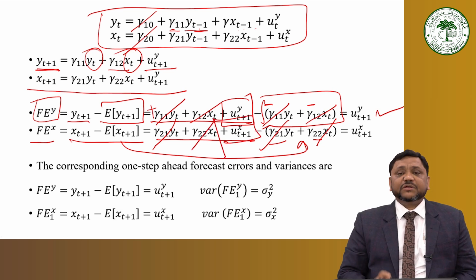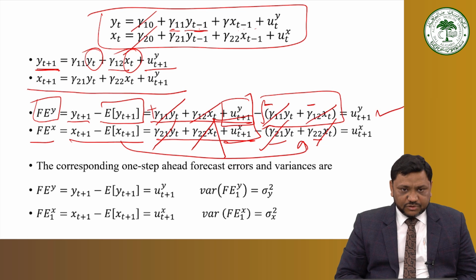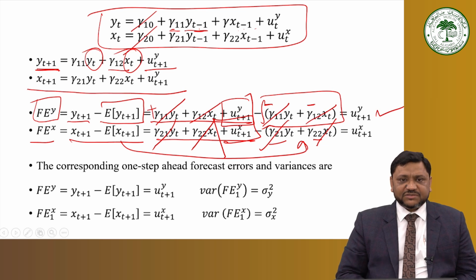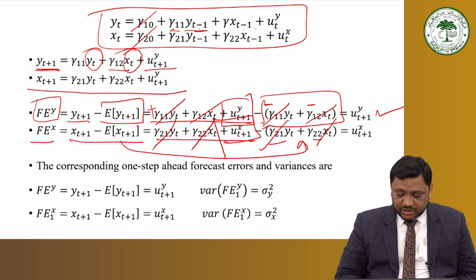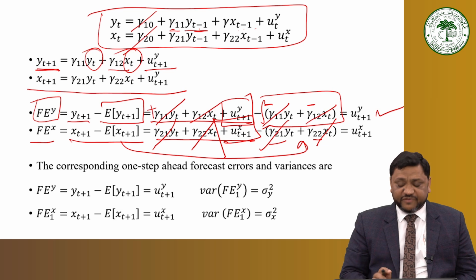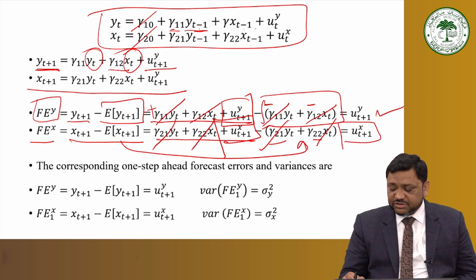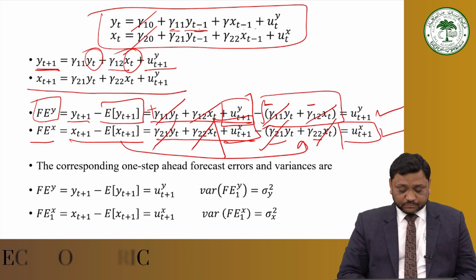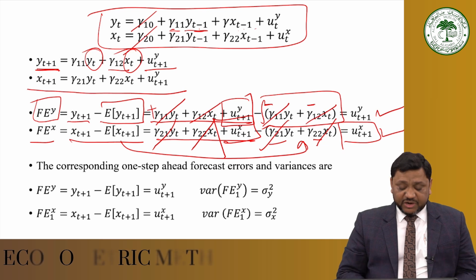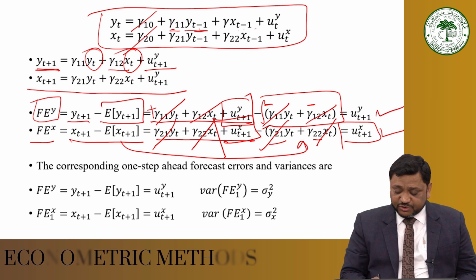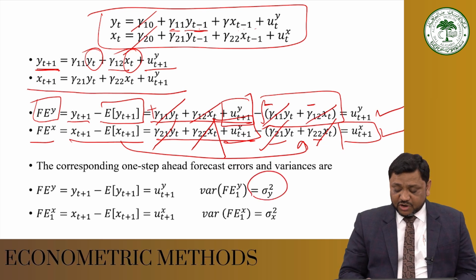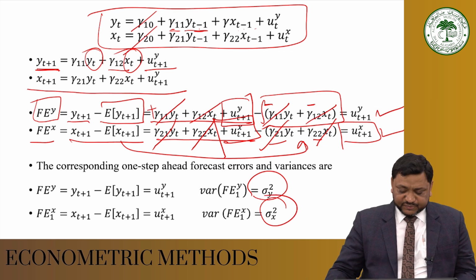So I am left with error of x at t plus 1. The corresponding one step variance from this you can find as sigma square y and sigma square x.